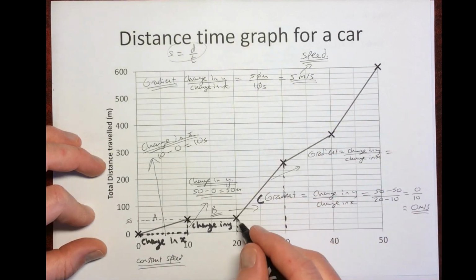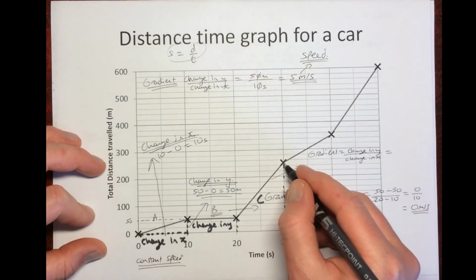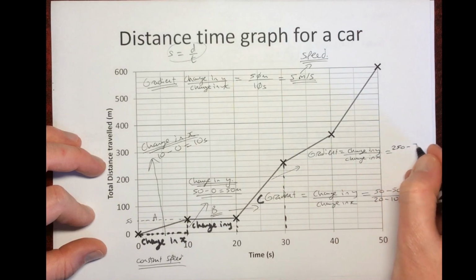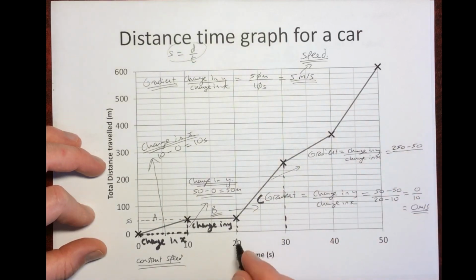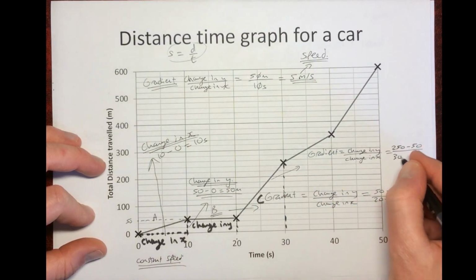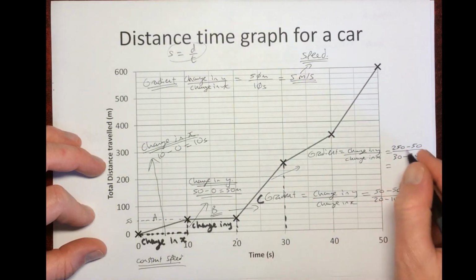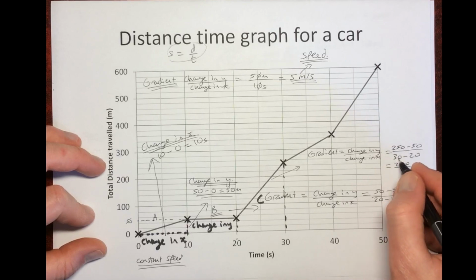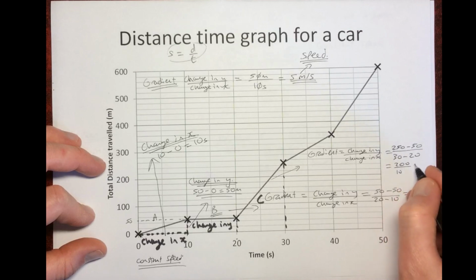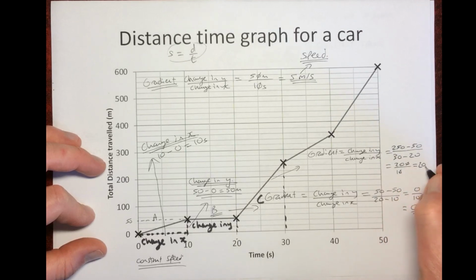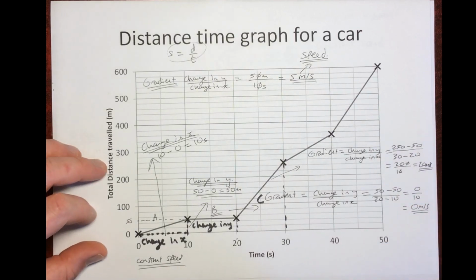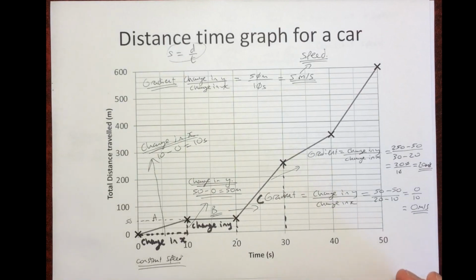Well, the change in y here, we're starting off at 50 and going up to 250, so it's 250 take away 50, and we're dividing that by 30 take away 20, because the time starts off at 20 in this section and goes up to 30. So it's 200 divided by 10, which gives us 20 meters per second. And there we go.